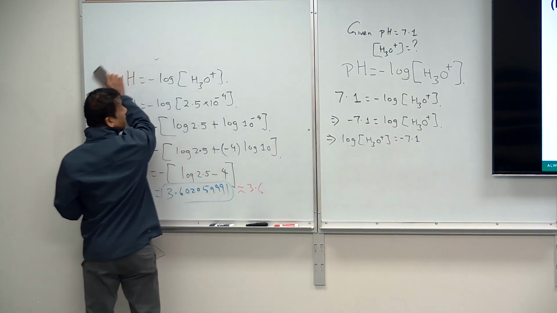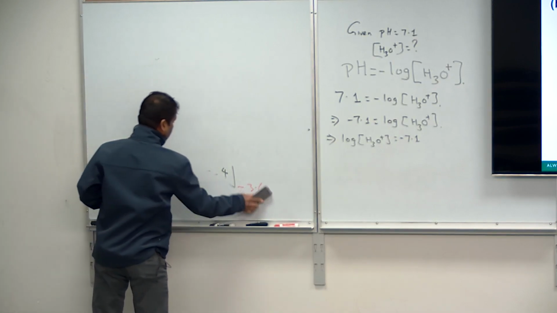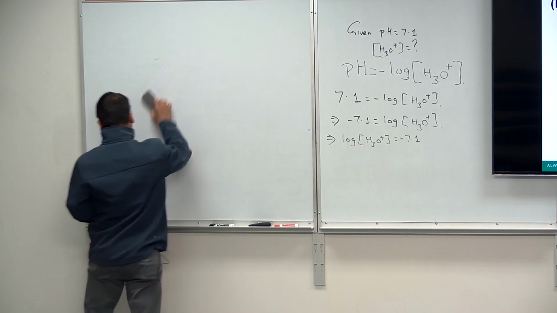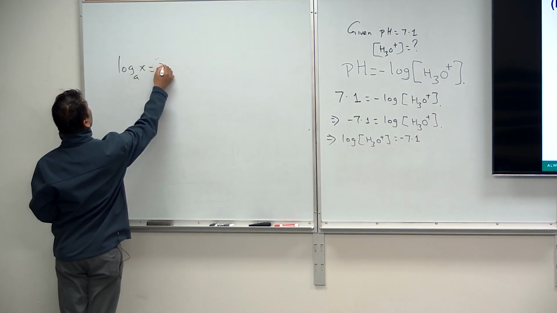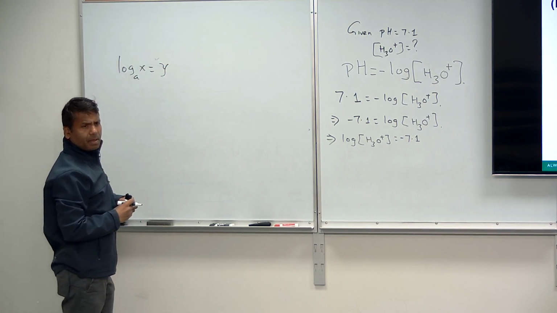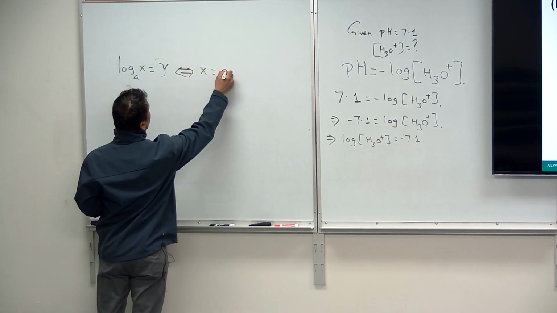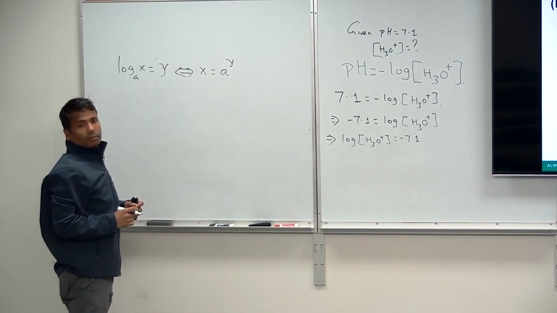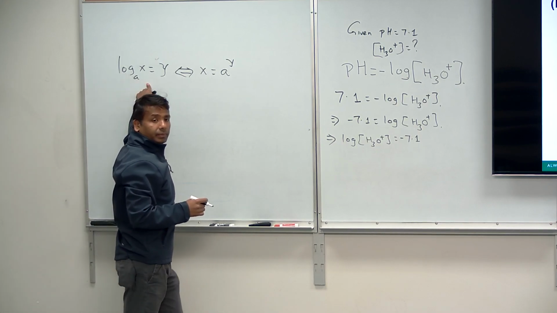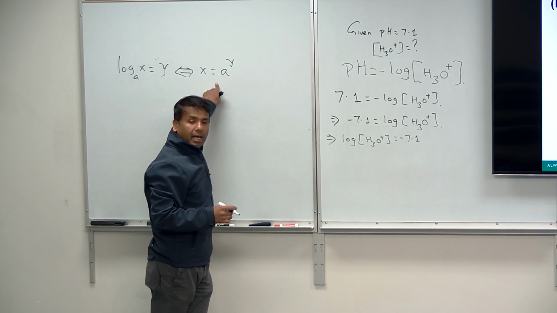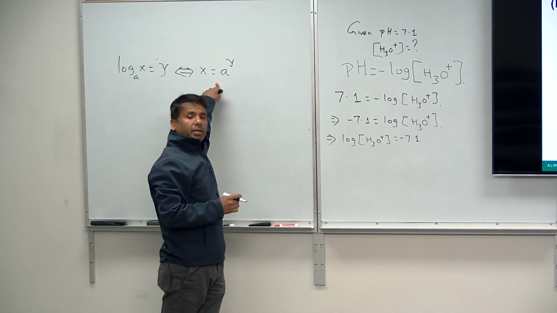Now, remember guys, if you have a logarithm with base a of x equal to y, this is equivalent to x equal to a to the power y. This is the logarithmic form, and this is an equivalent exponential form, right?